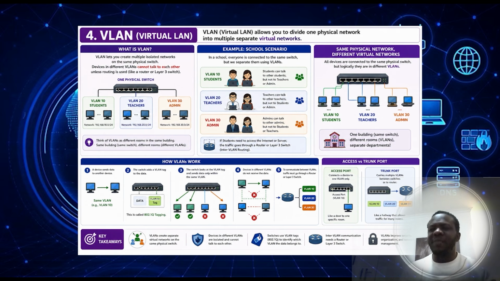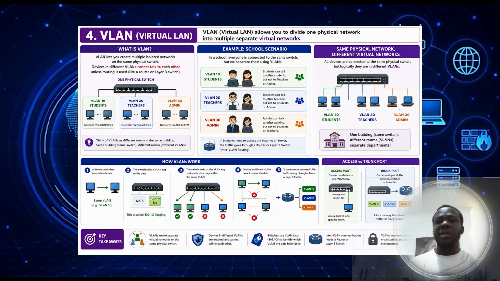That is what they call segmentation. You belong to this, you belong to this, you belong to this. So that's why we have VLAN 10. In this example, VLAN 10 is for students, VLAN 20 is for teachers, and VLAN 30 is for admin. So VLAN 10, we have access to the internet, but there's a limitation there. VLAN 20 is for teachers, still will be having access to the students, and VLAN 30 is the admin, might have control over both students and teachers.